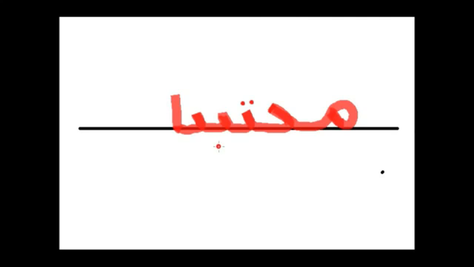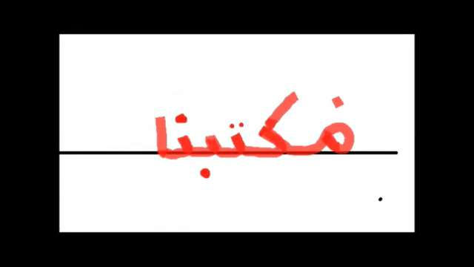The ba here and the noon here. Then we go back and we connect, or we finish the last part of the kaf, which would be the straight line connection down to make it to its connecting form. So that would have been the method of how to write the kaf.